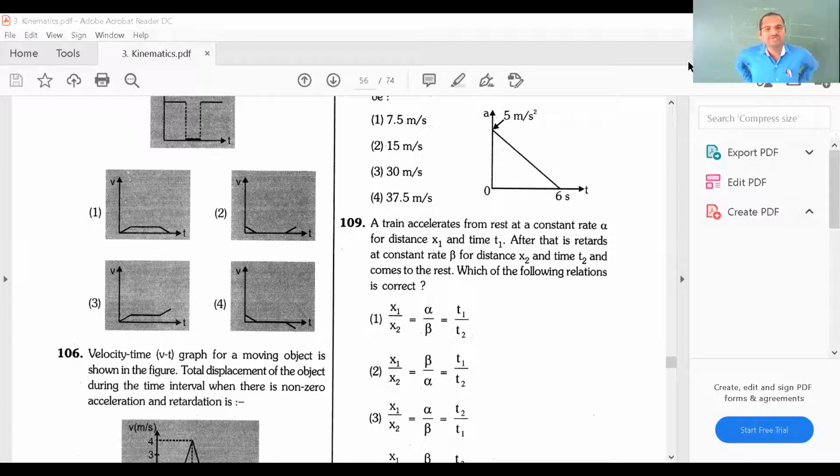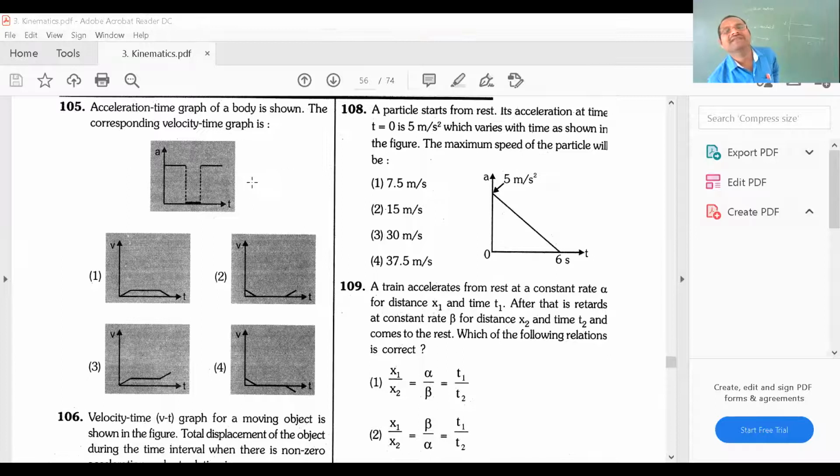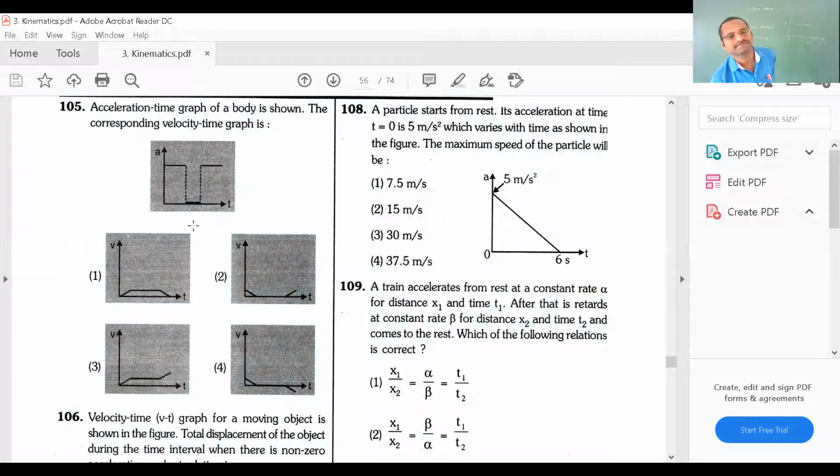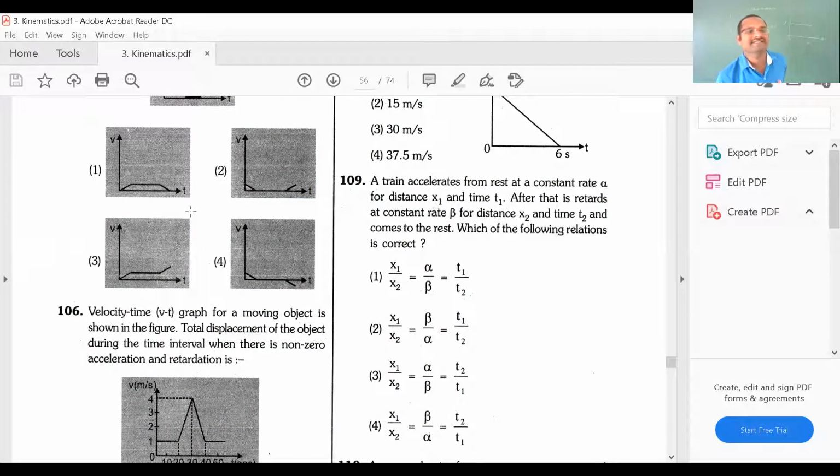It is parallel, so A is equal to 0. Parallel means constant. Here the value is 0, because it is on the time axis, meaning along the y-axis the value is 0 here. That's why.